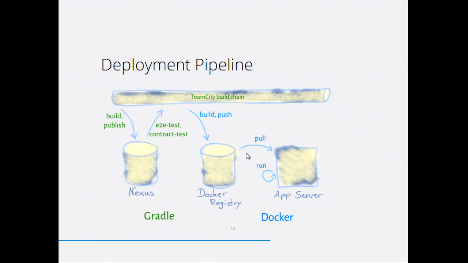After that, again with Gradle, we make it talk to our QA and production server. There is a running Docker API listening on HTTP, and we make it pull the new image from our Docker registry. And we update our application by stopping the old one and running the new one.